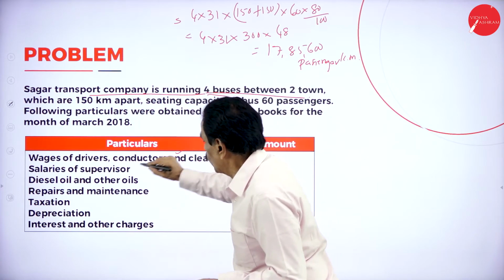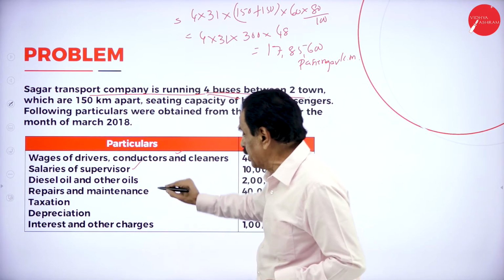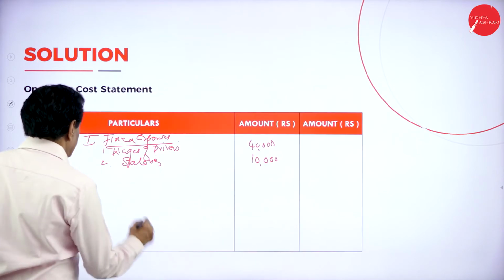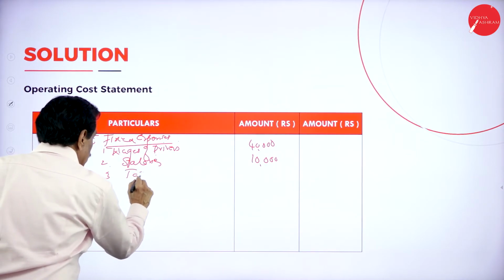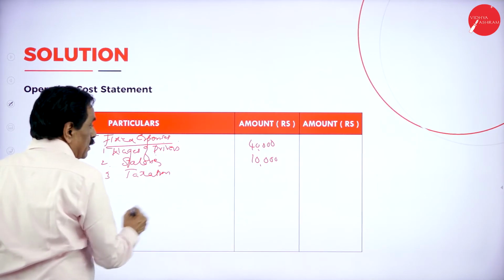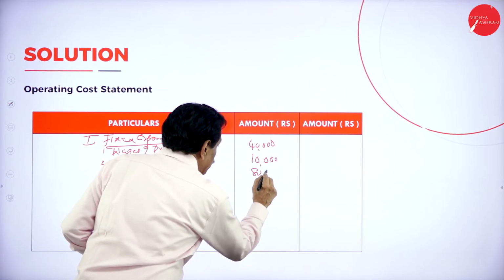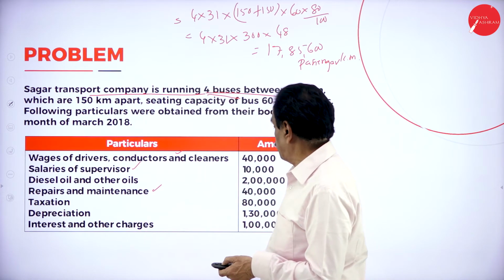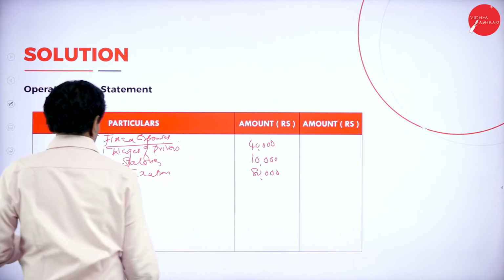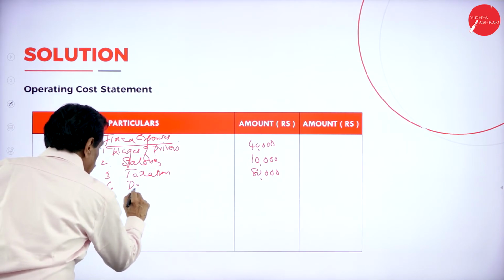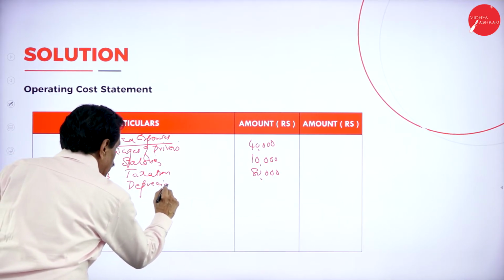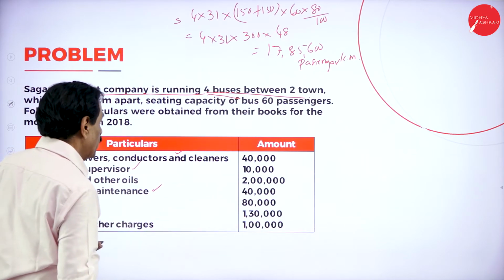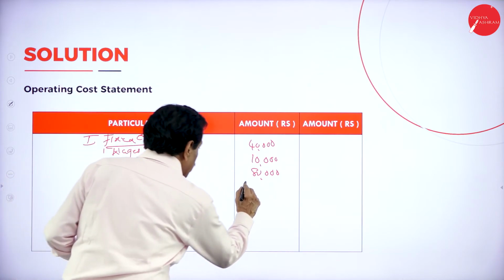This is over. Diesel will come under variable, repairs variable. Taxation 80,000. Depreciation 1,30,000.